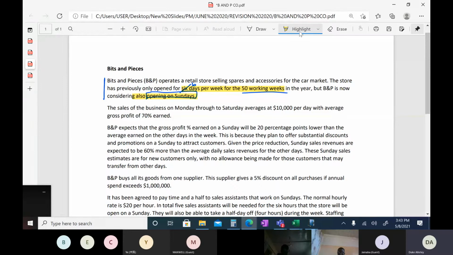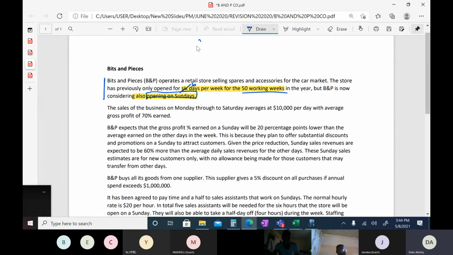Now, watch carefully. They said the sales of the business Monday through to Saturday averages 10,000 per day. So if it's going to be 10,000 per day for the 6 days, you're talking 60,000 with an average gross profit of 70%. So yes, 10,000 per day, gross profit 70%.